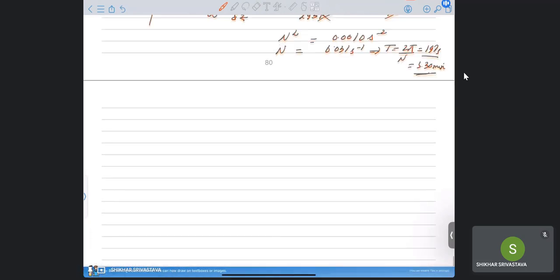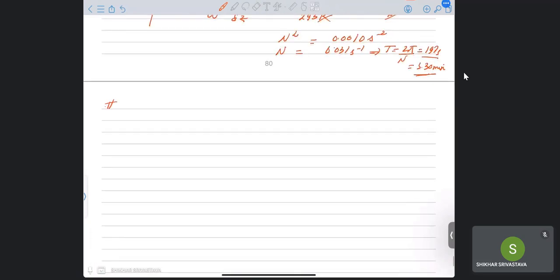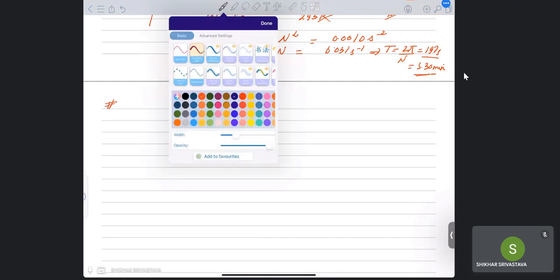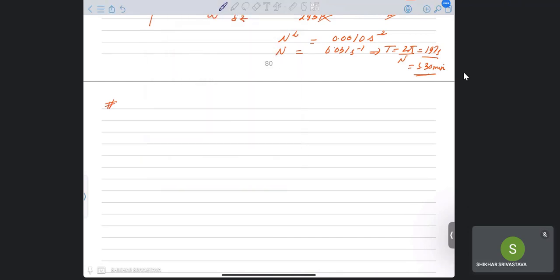Okay. So now comes the last topic based on this thing. It's called conditionally stable or unstable atmosphere.